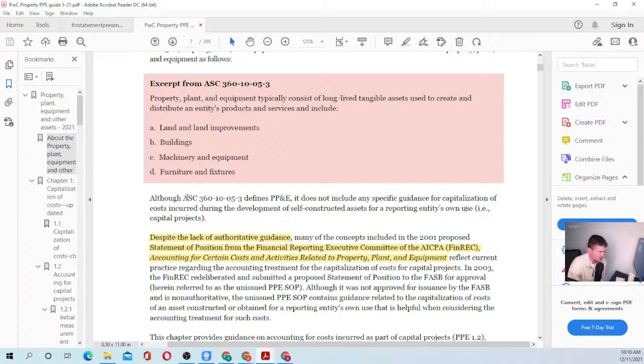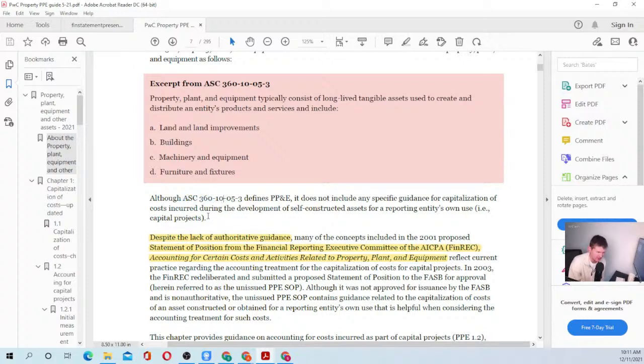So we can acquire assets, like if we buy a car, we just purchase an asset for cash. In some situations, we can have self-constructed assets, when we have workers and contractors, and we spend time, money and resources of the company to construct that asset. And there is actually not much direct guidance in ASC 360.